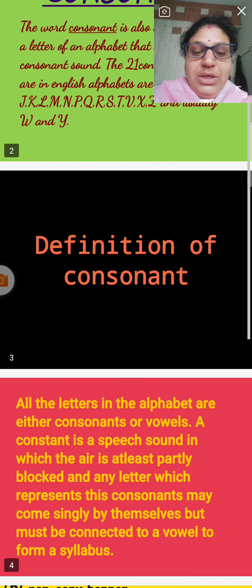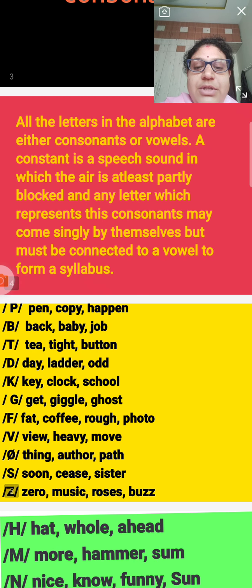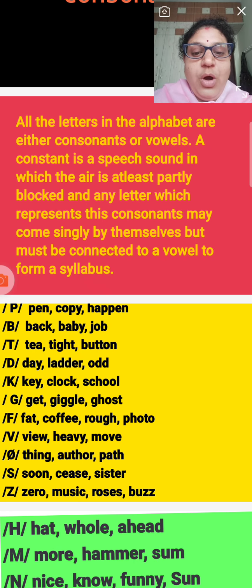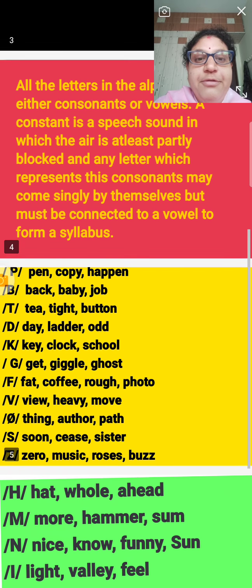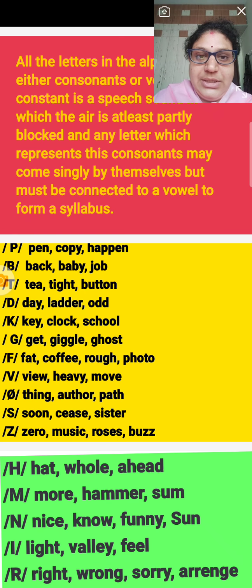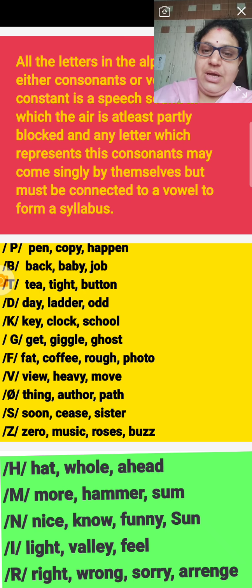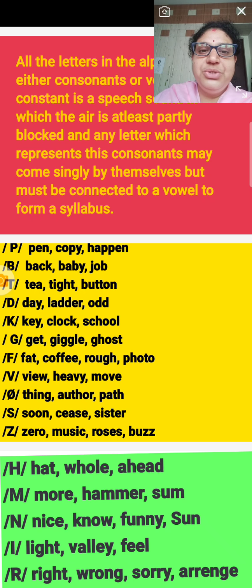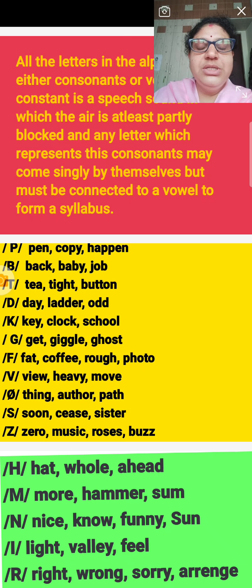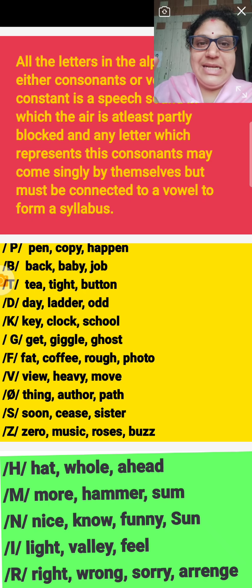So many examples are there with the F: fat, coffee, rough, photo. It becomes fa, fi, fu, not the letter name. These types of sounds are called consonant sounds. Very important in your syllabus.